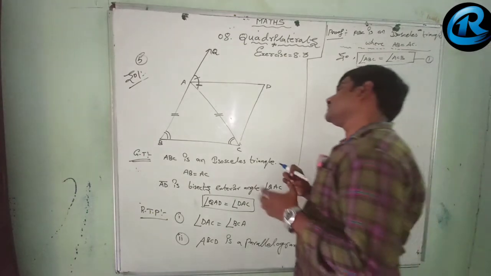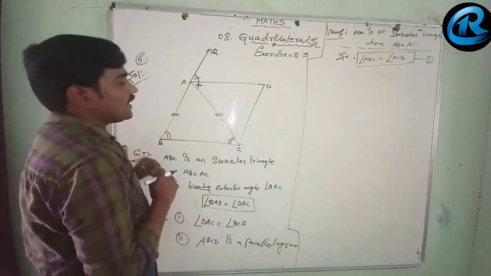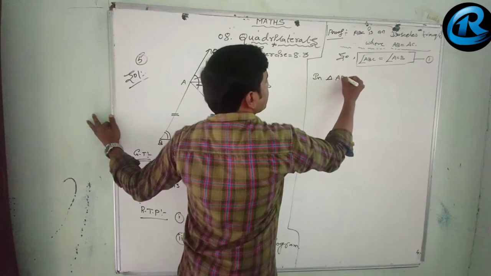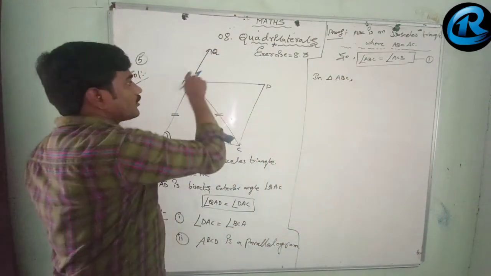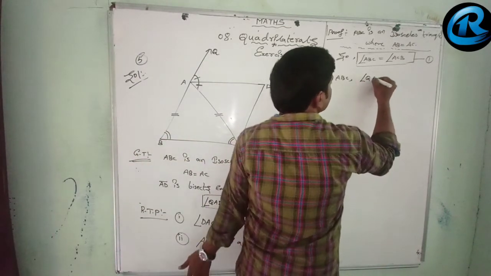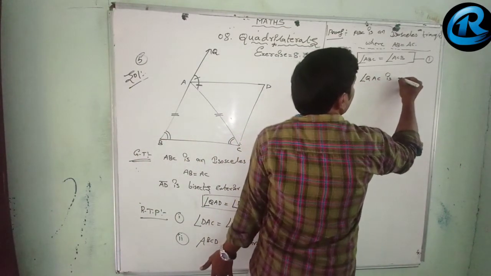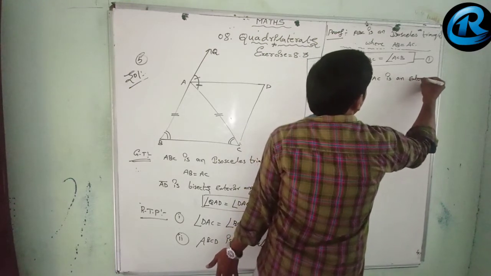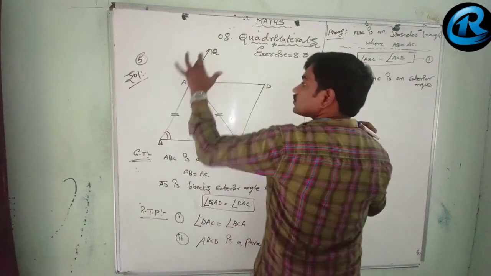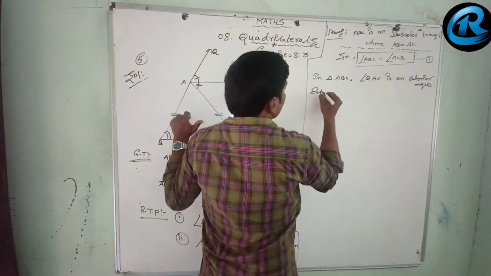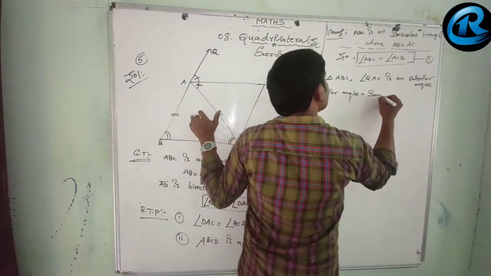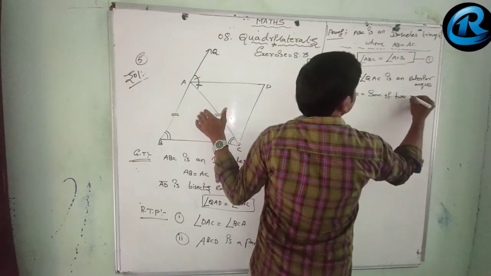Then what can we do? See now, as you know, in triangle ABC, here angle QAC is an exterior angle. And what kind of angle is QAC? It is an exterior angle. The exterior angle is equal to the sum of the two opposite interior angles.